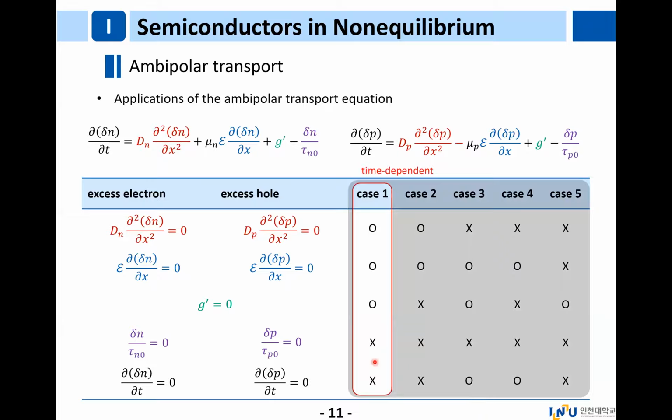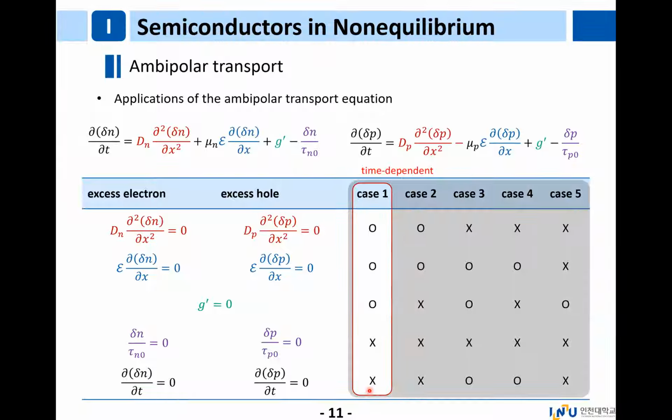So in this case, recombination occurred over time, leading to a decrease in excess carrier concentration. Consequently, there was no change in the spatial concentration and applied electric field terms, and only recombination and concentration over time were present.